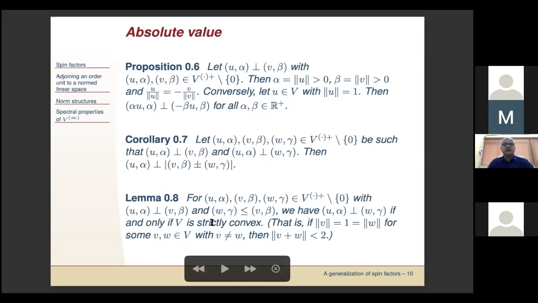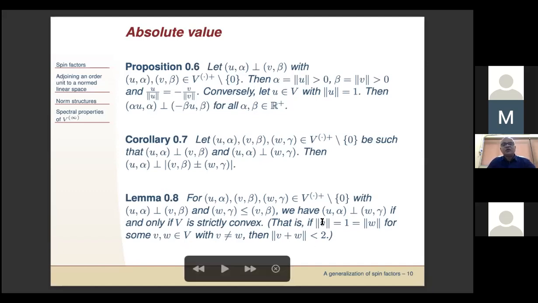That is something smaller. Then U alpha is orthogonal to this smaller positive ordered pair if and only if our given normed space V is strictly convex.